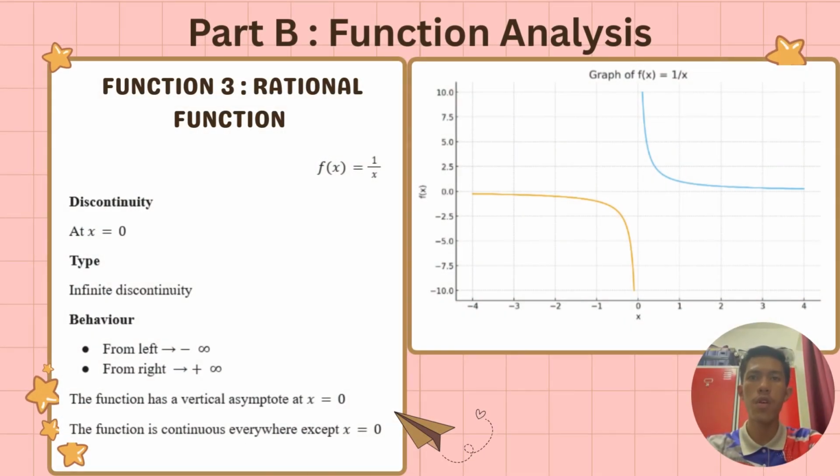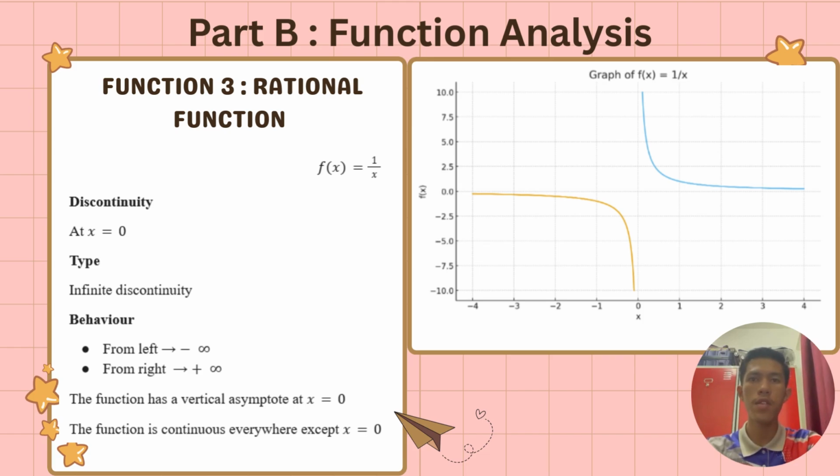We now move on to function 3, another rational function, and this is perhaps one of the most famous examples in calculus, the reciprocal function f(x) = 1/x. Just like our first function, we begin by looking for where the denominator is 0.